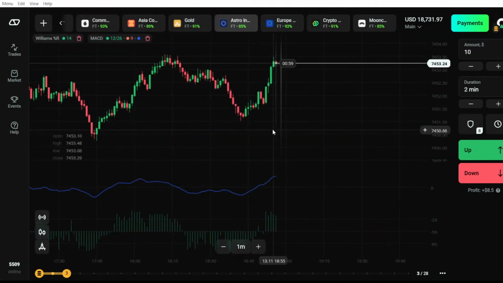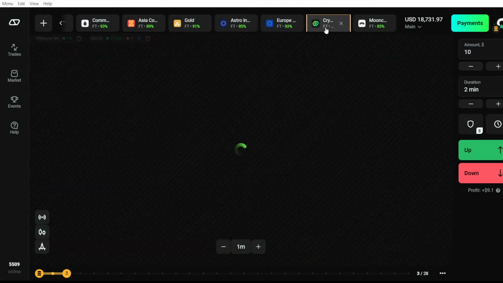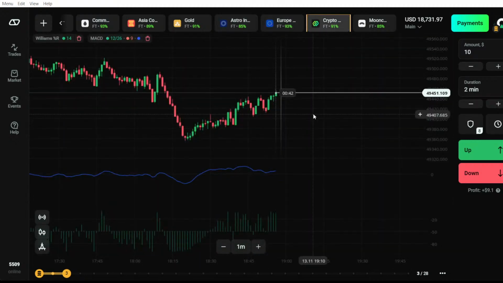So we were talking about the market time zones. The first one opens at 9:15, the Asian market. I am talking as per IST, Indian Standard Time.